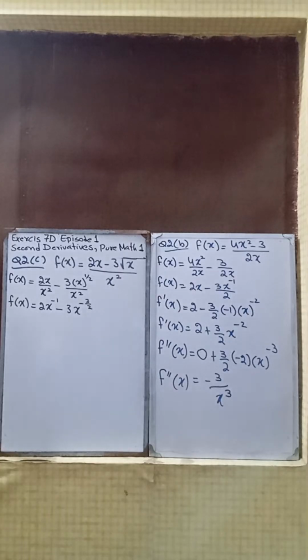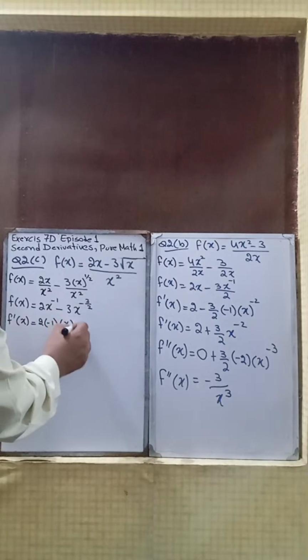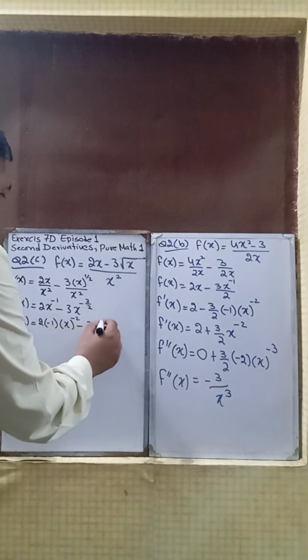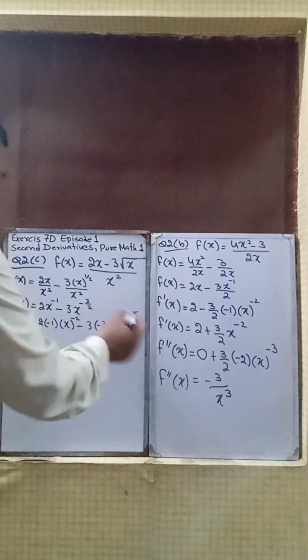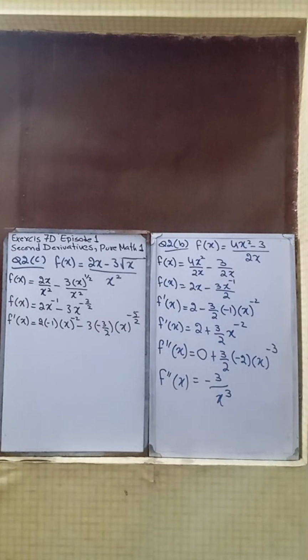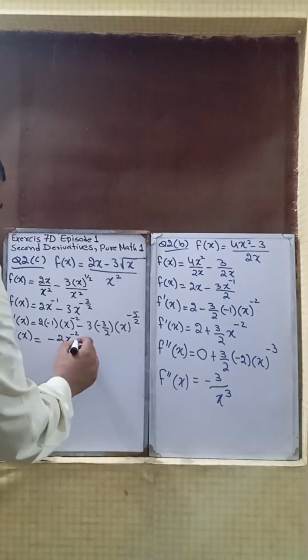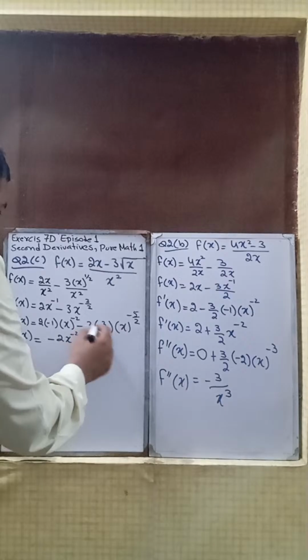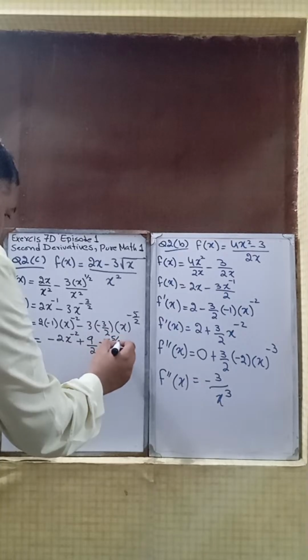In this function form, you put a prime here, that means the first derivative. So this will be 2 into minus 1 into x raised to power minus 2, then minus 3 into minus 3 by 2 into x, that will become minus 5 by 2. You can do this on the calculator also. Minus 3 by 2 minus 1, that will be minus 5 by 2. So my first derivative is minus 2x raised to power minus 2 plus 9 by 2, and this is x raised to power minus 5 by 2.